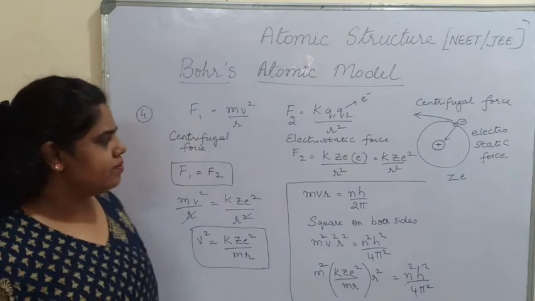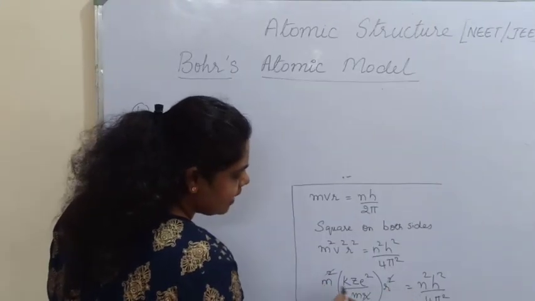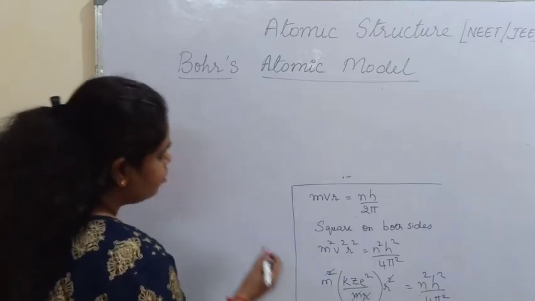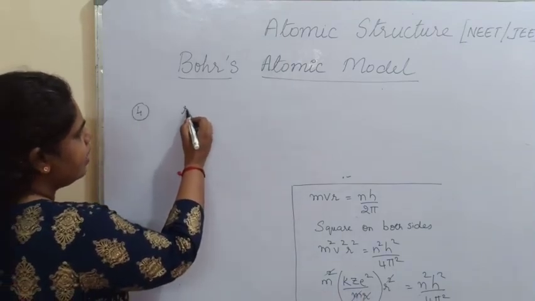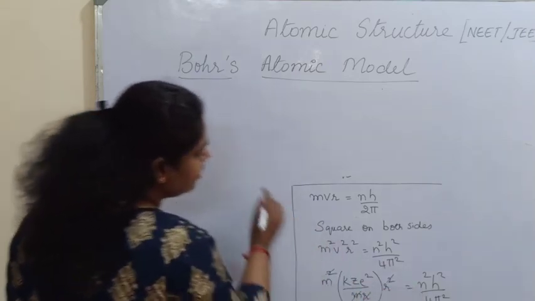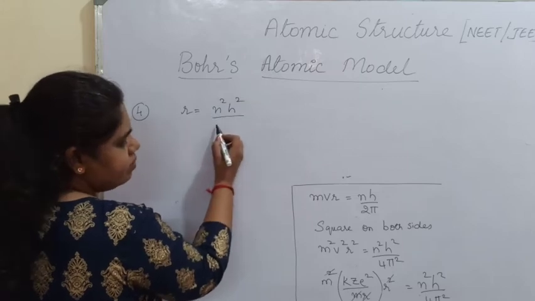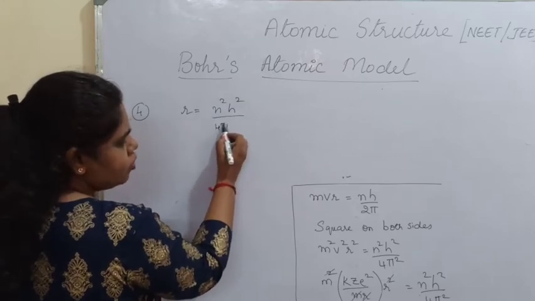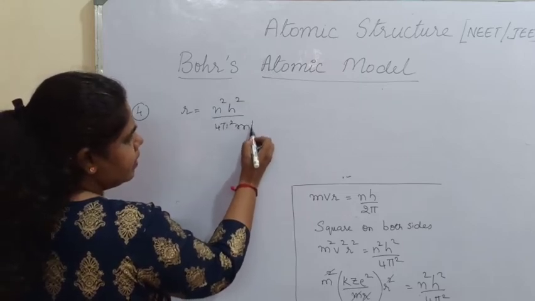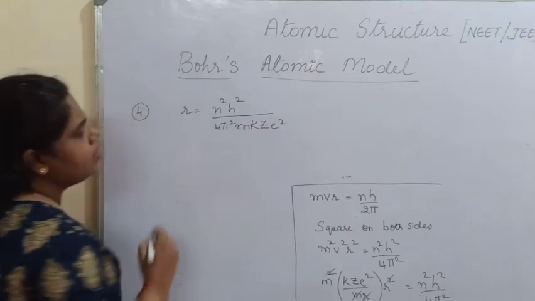Now you can cancel r and r, and m and m. Finally you will get r is equal to, keeping r here and shifting the remaining terms to the other side, n square h square divided by 4 pi square m k Ze square. So this is what you will get.